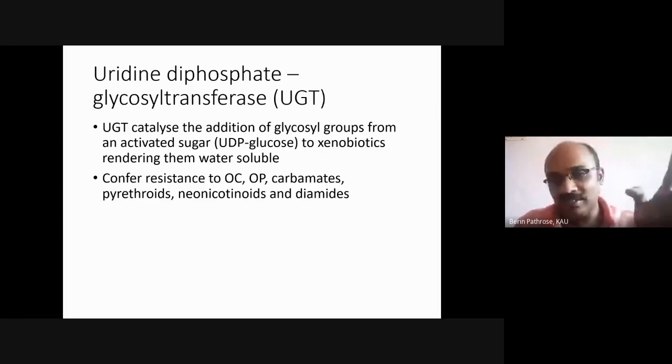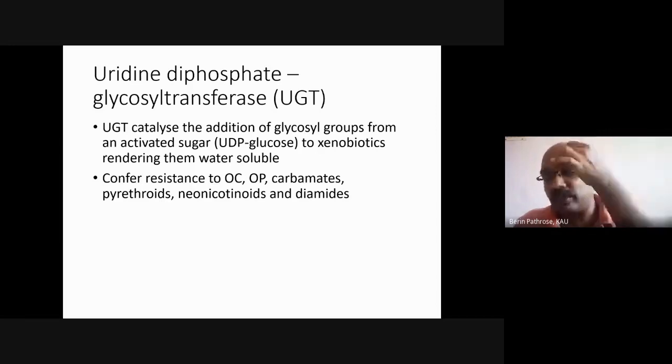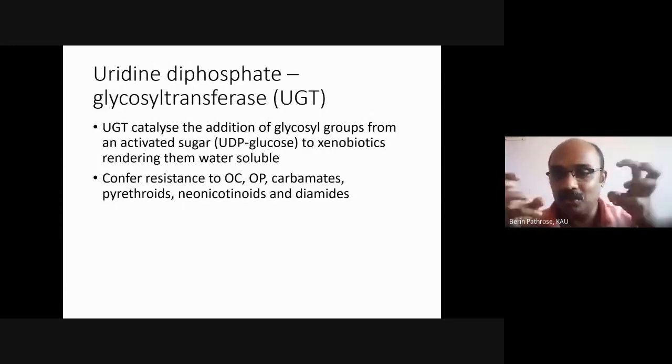The role of this enzyme is to catalyze the transfer of a glycosyl group from an activated sugar. Activated sugar means UDP glucose. UDP is uridine diphosphate. Diphosphate, just like ATP, adenosine triphosphate, is an energy containing compound.